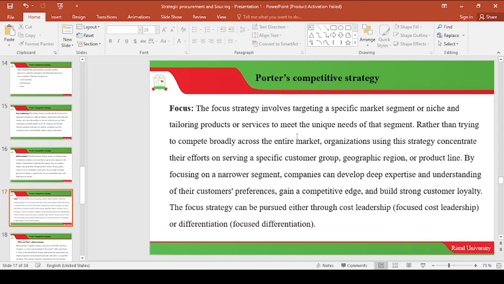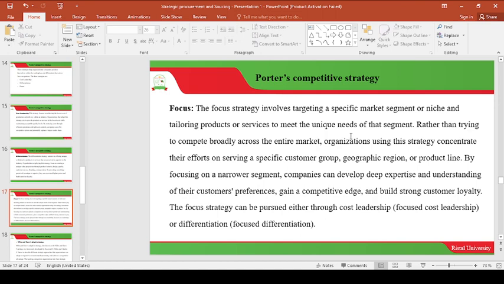By focusing on a narrower segment, companies can develop deep expertise and understanding of their customers' preferences, gain a competitive edge, and build strong customer loyalty in that specific area. So if you win in a specific area, it means no competitor will come and compete against you in that area, because you know what your customers want.